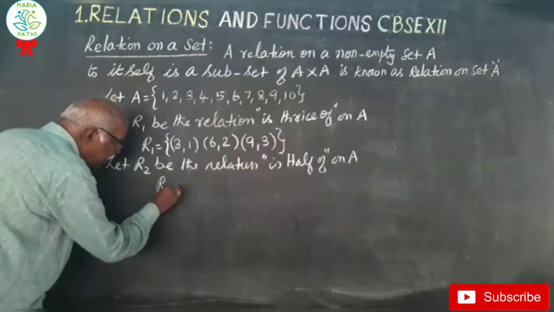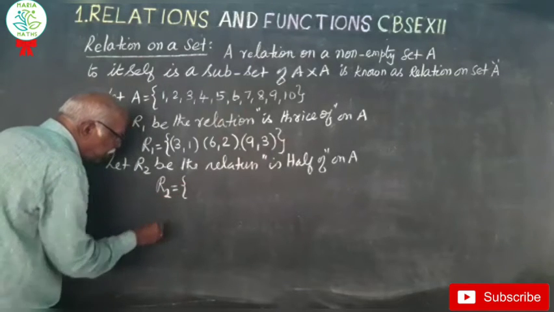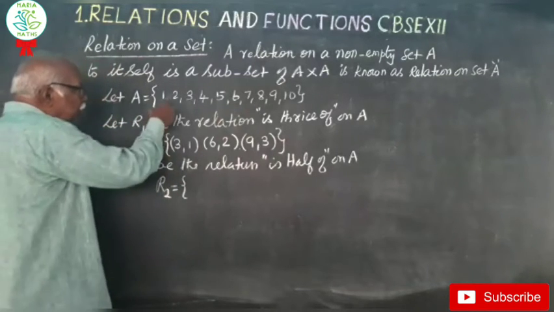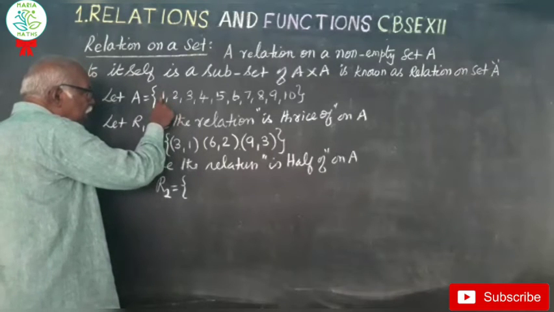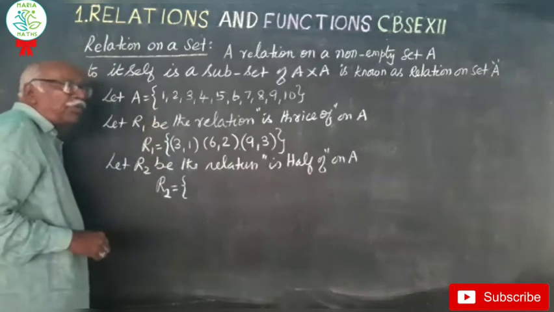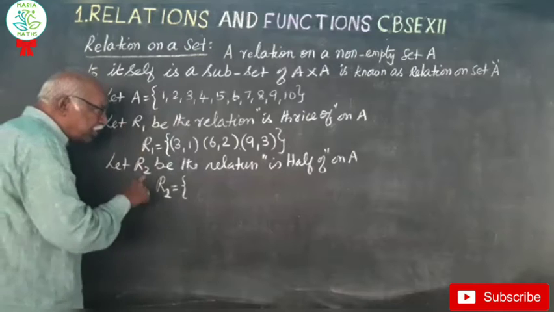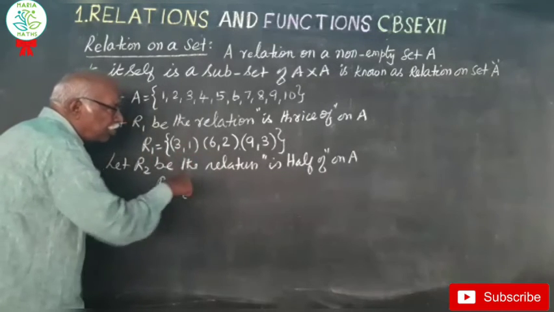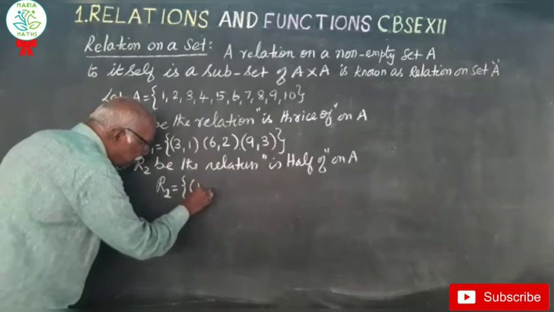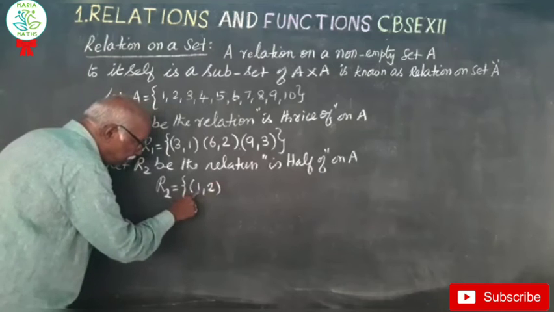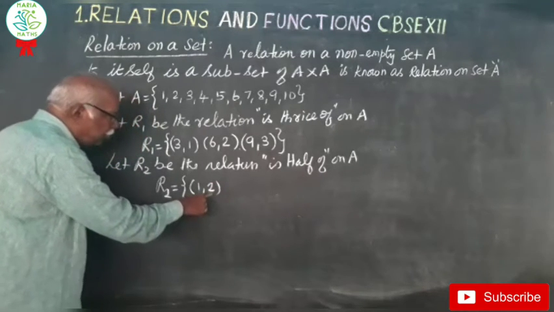What are the elements in R2? 1, 2, because 1 is half of 2.